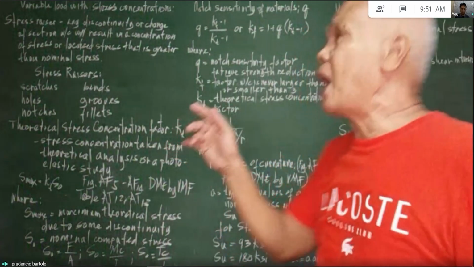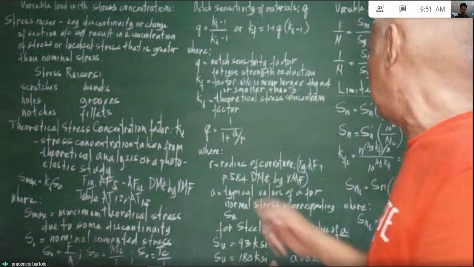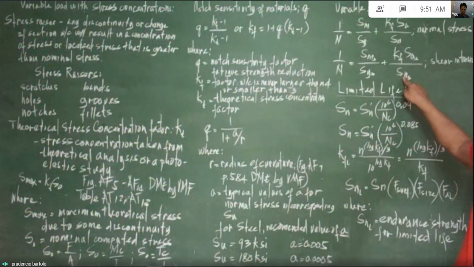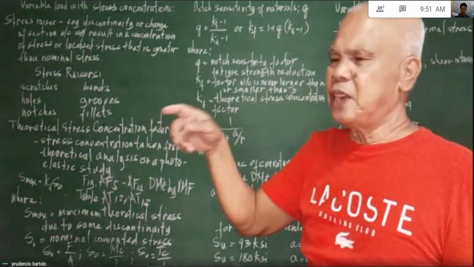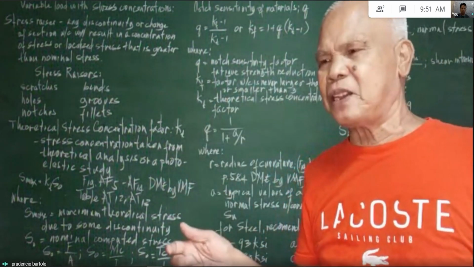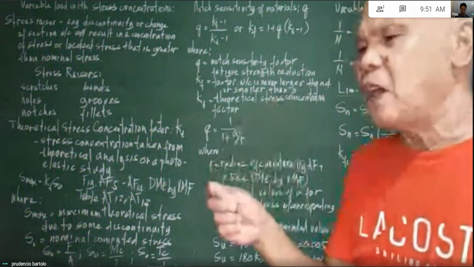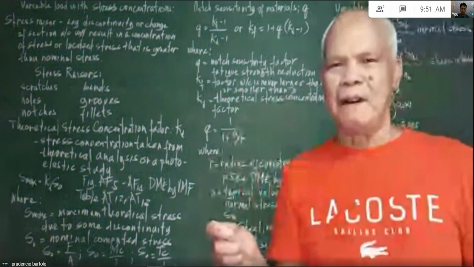Now, going back to variable loads without stress concentrations, for considering the endurance strength, we have taken previously that the fatigue limit or the endurance limit is taken from the ultimate strength multiplied by 0.5 of the material.